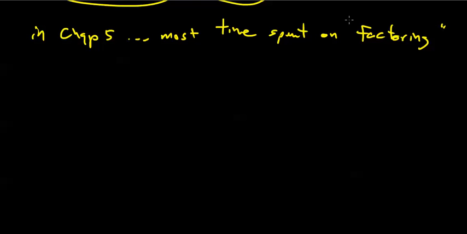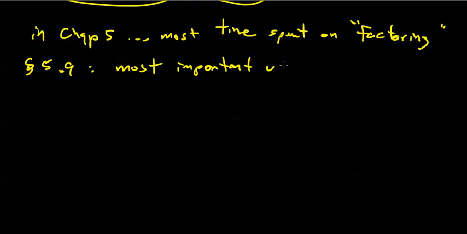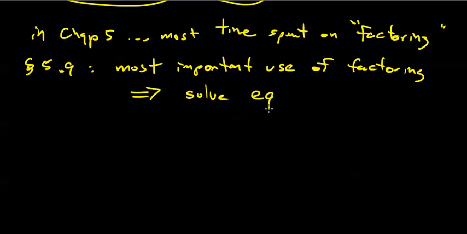Learning how to factor different types of expressions with different types of factors. And in section 5.9, we will reveal the most important use of factoring, and that is to solve equations.